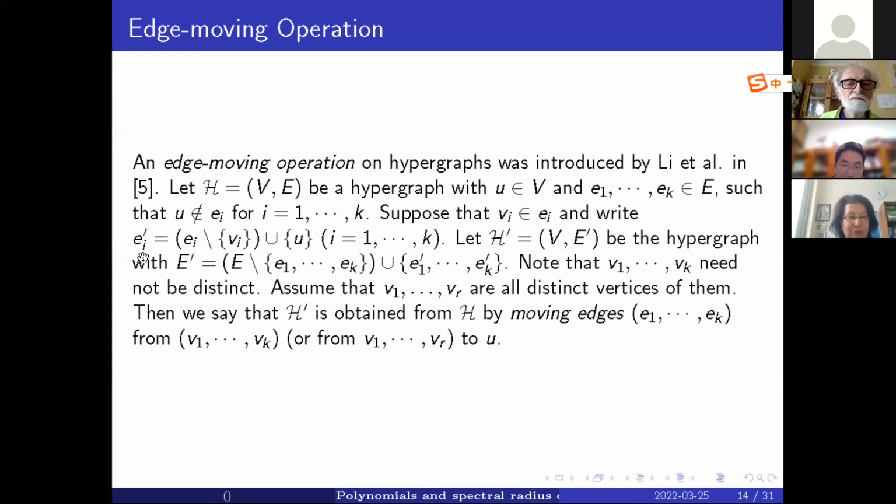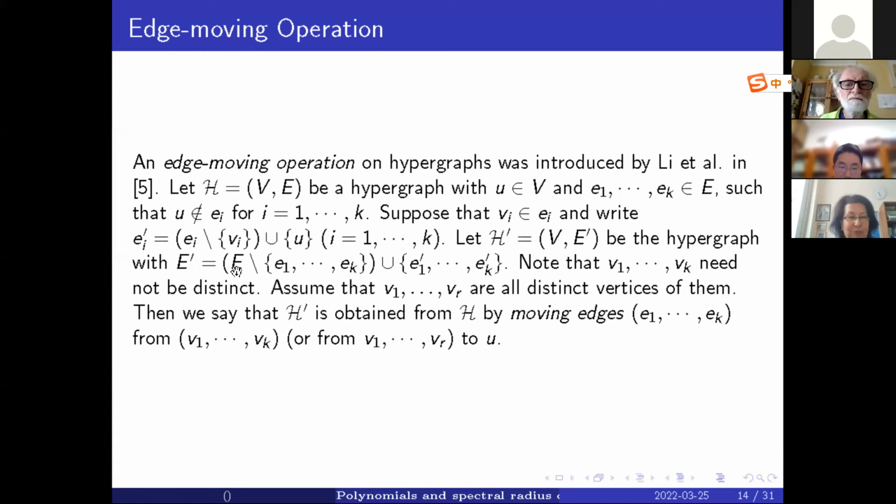we construct new edges E_i prime in this way. E_i prime is obtained from E_i by removing its vertex V_i and adding a new vertex U. Let H prime be the hypergraph with the same vertex set V and edge set E prime.